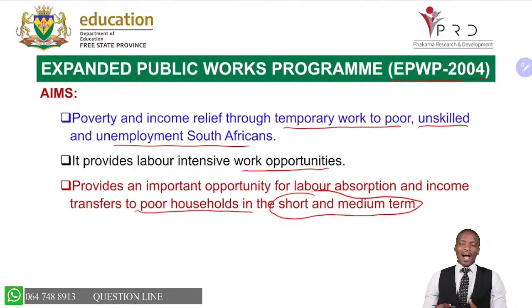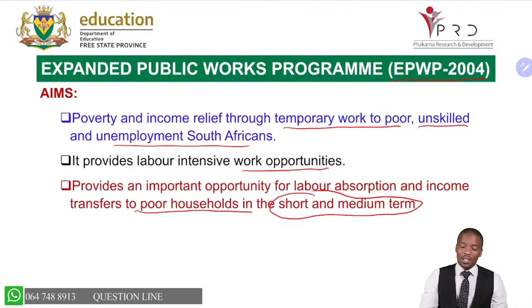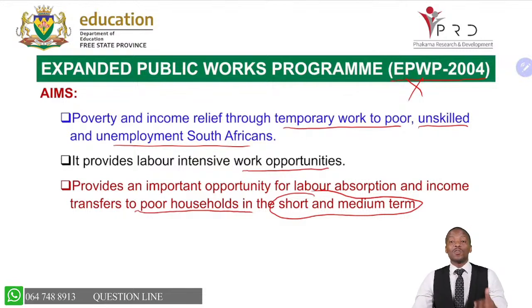A person can only be hired for 6 months, 12 months or 18 months. After that, they go back to the communities unemployed again. So this EPWP, if you were to evaluate it, you would say it is there for temporary purposes, but it is not sustainable for long-term purposes. The government should stretch the policy, but come up with other policies that will create long-term employment opportunities. If a person is employed, they should be employed on a permanent basis to improve their standard of living.